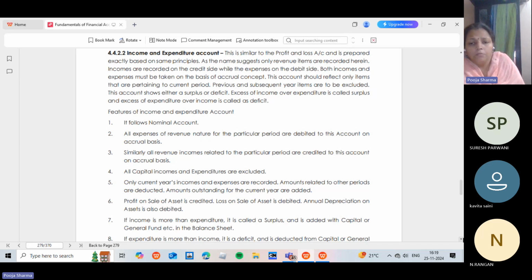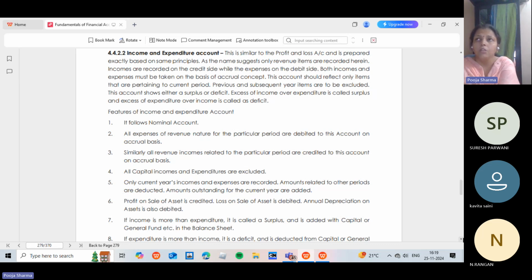Amounts relating to prior periods are deducted. Outstanding amounts are added. Outstanding means that we will receive it in future. Suppose in the year 2024 we have to receive 5,000 of interest income.